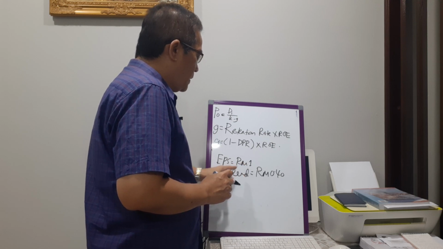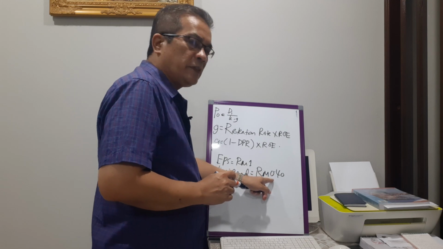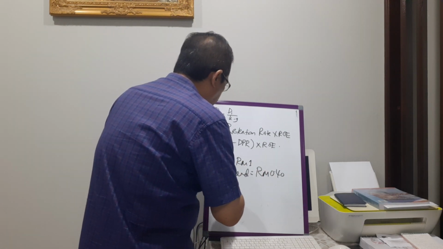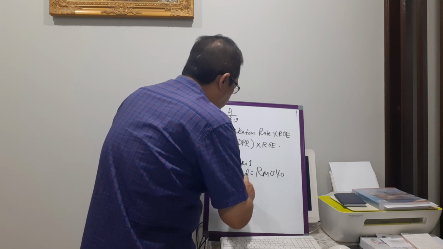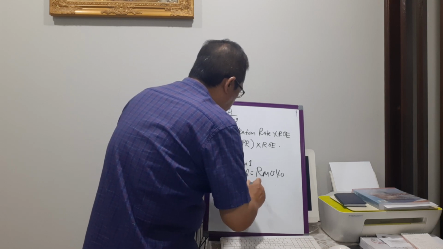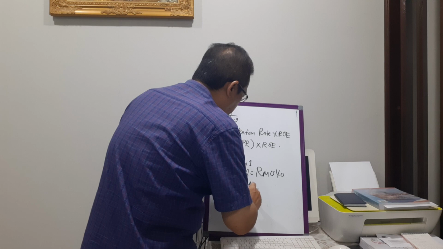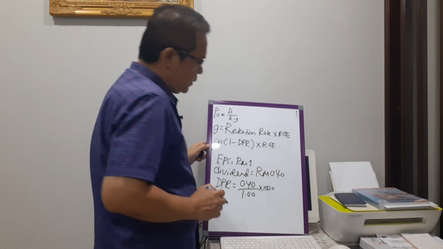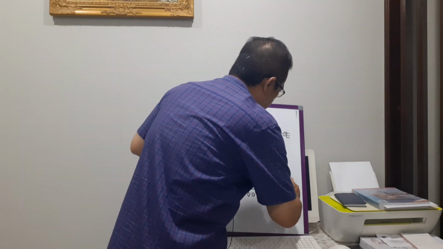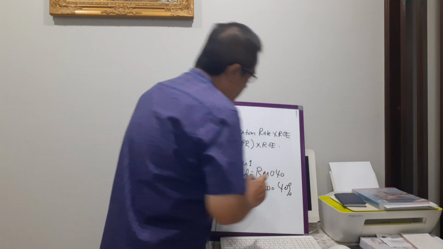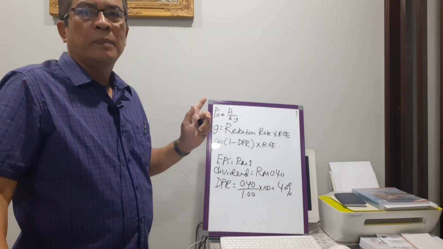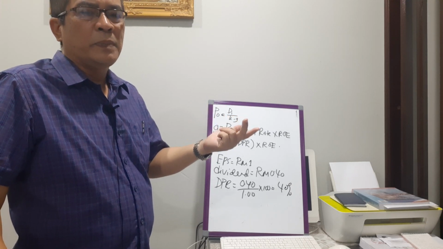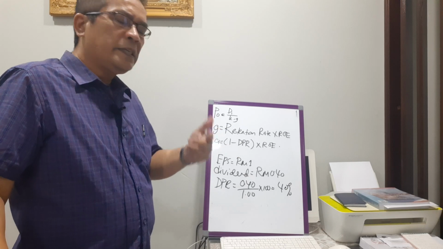If you want to calculate retention rate, here the earnings per share is 1 ringgit and dividend per share is 40 cents, so you have a dividend payout ratio of 40 cents out of 1 ringgit. Multiplying by 100, you get 40%. If your dividend payout ratio is 40%, your retention rate is 60%.